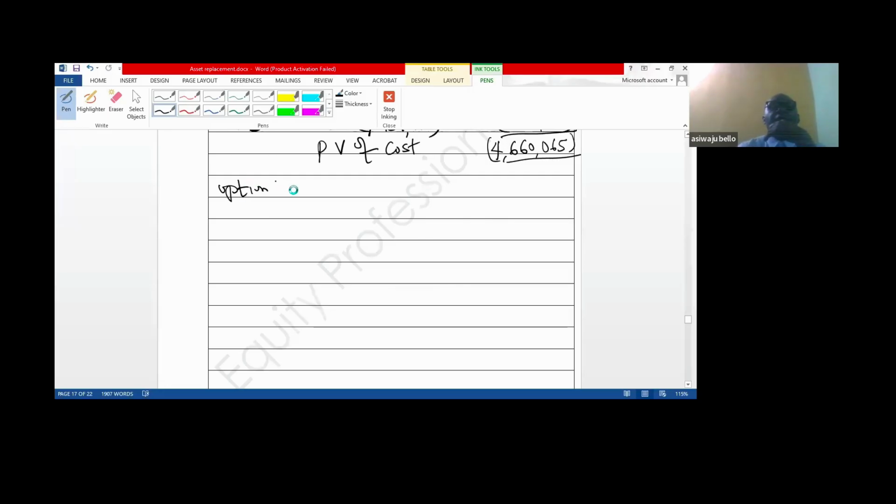Option 3. Replace the old machine after 2 years. You have your year 1, year 2.